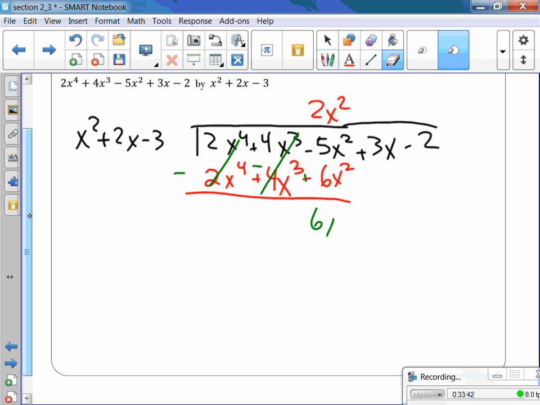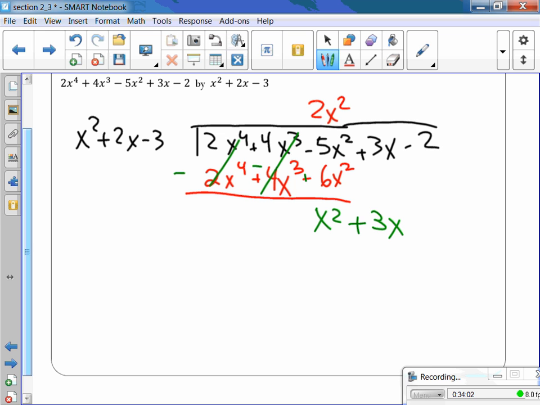Since our divisor has 3 terms, we want to make sure we have 3 terms to set up with. So not just dropping down 3x, but I also want to drop down minus 2, so that all 3 of these will be able to match up with something. Everything else we did before, we were just dividing by a binomial.